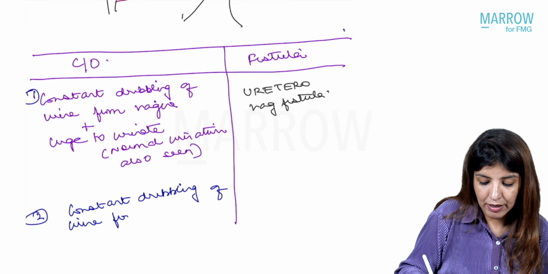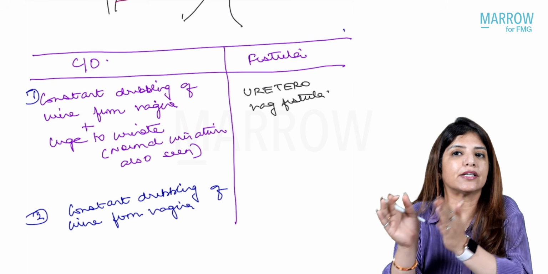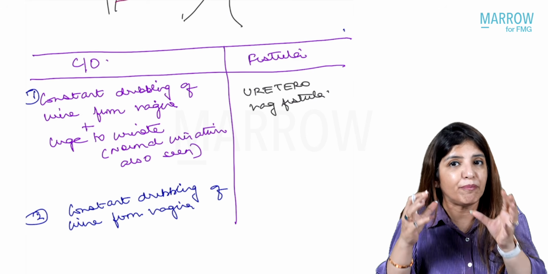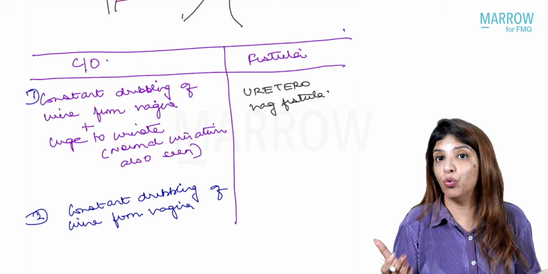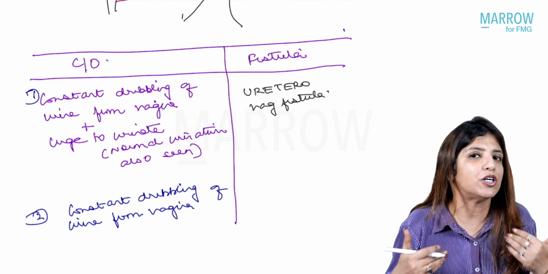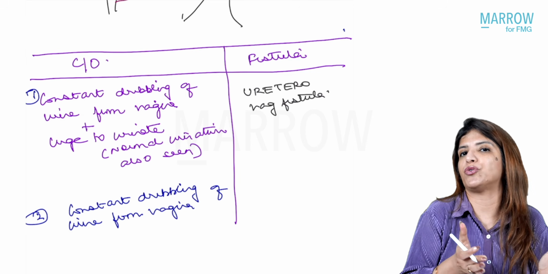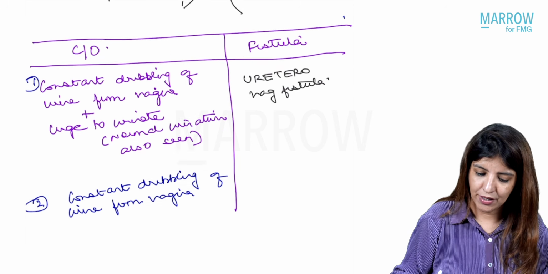Clear? But now tell me, because her bladder is connected to vagina, will the bladder ever be full? No. So if the bladder will never be full, will she ever have the urge to urinate? No. In other words, normal urination will be absent, right?